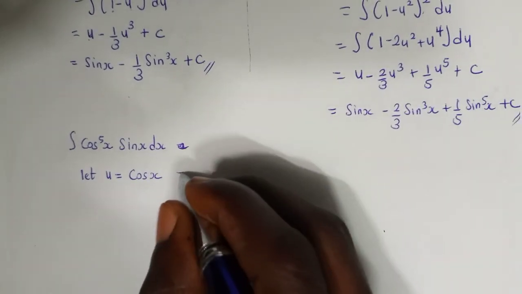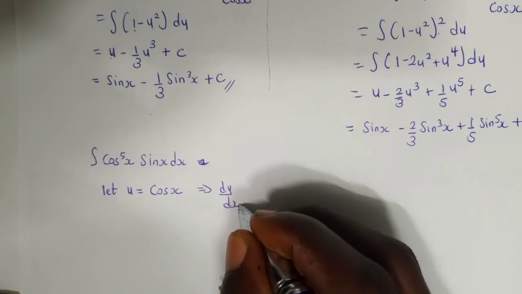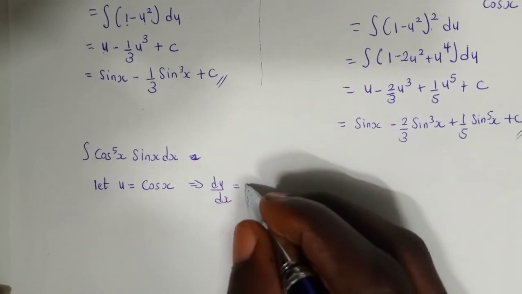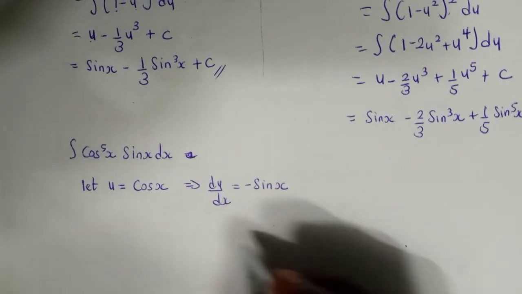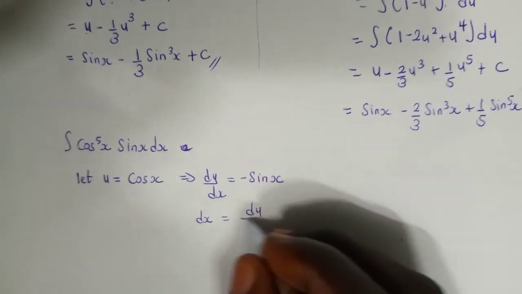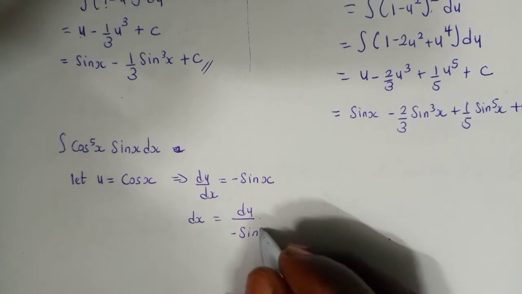So this implies du over dx equals minus sine x. So making dx the subject, we are going to get du over minus sine x.